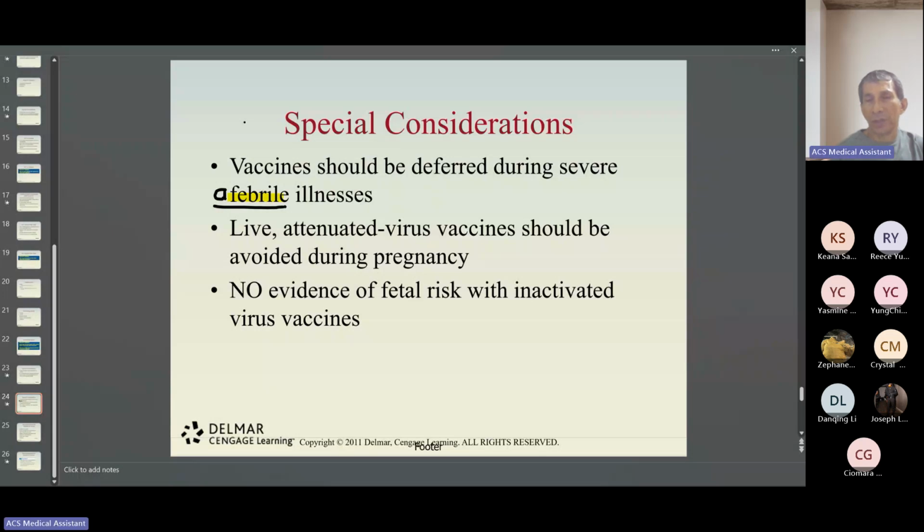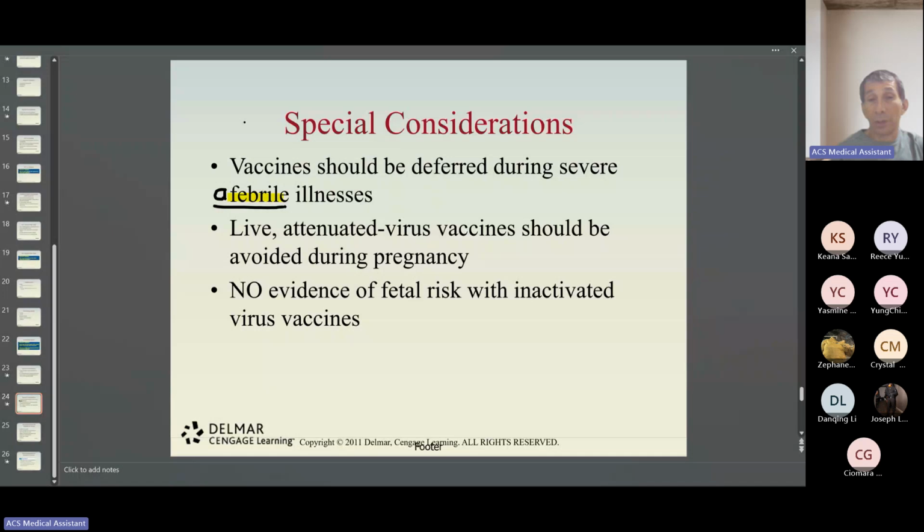So there are certain medications or vaccines that should not be given to certain people who have high temperature levels, or if they are pregnant. So that's basically what it is.